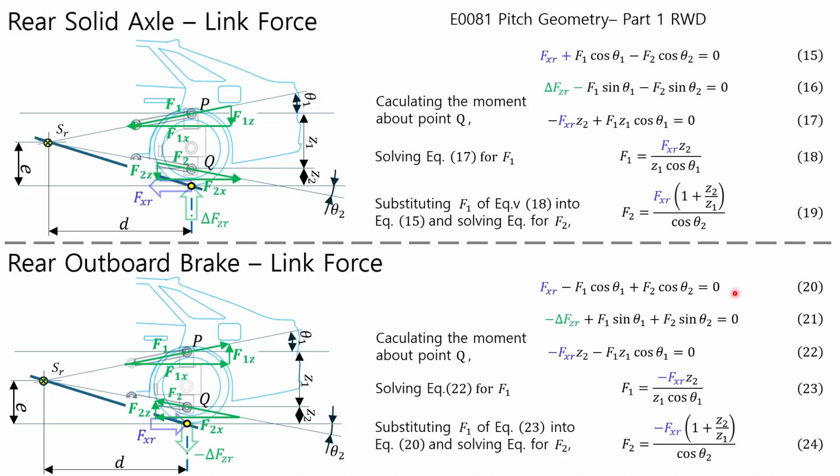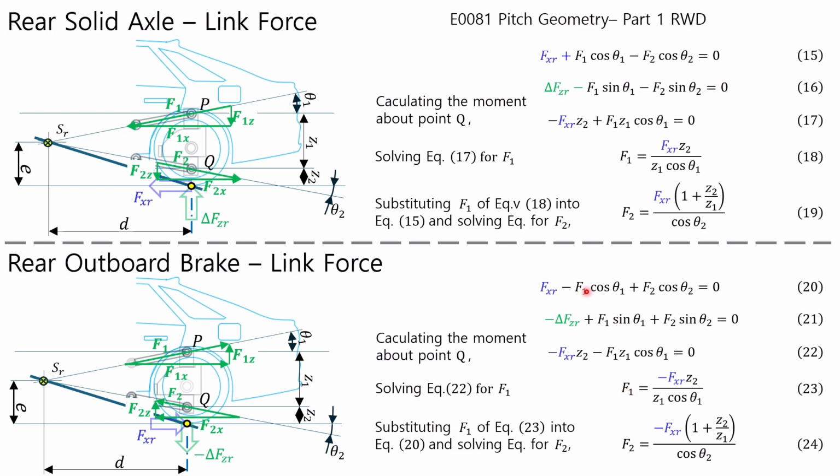It is important to note here that, as explained earlier, the braking force Fxr is inherently negative, so its sign must not be changed. Solving equation 22 for F1 yields equation 23, which represents the force, F1, acting on the upper arm.